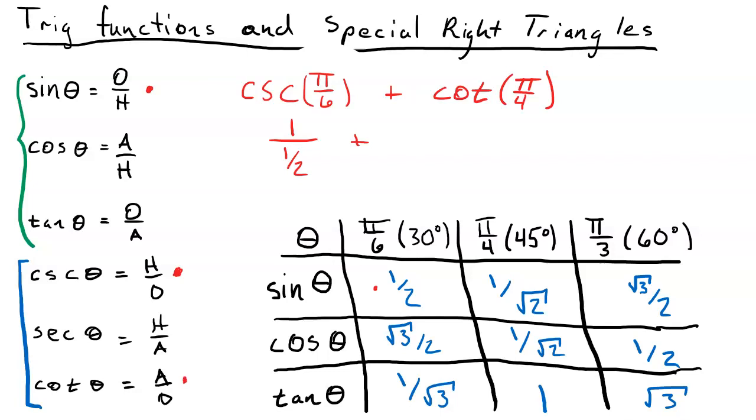So if we look at tangent pi over 4, that's going to be 1 right here. And so cotangent pi over 4 is just 1. And simplifying this fraction by multiplying by the reciprocal, which is just 2, we get 3. So we can use this chart while we do examples like this.